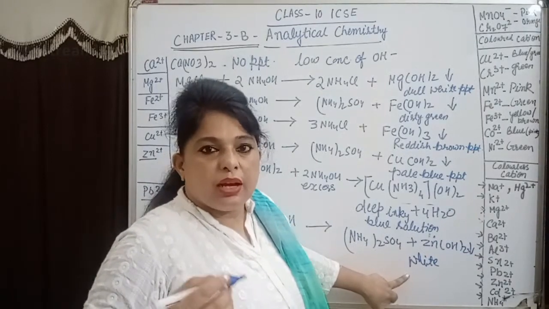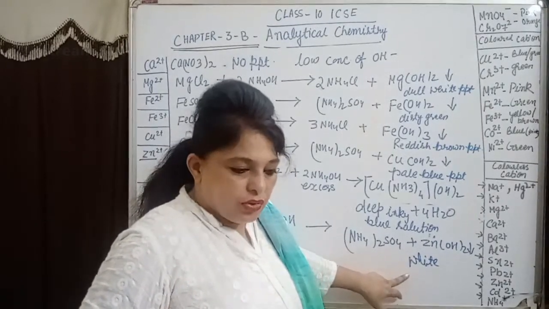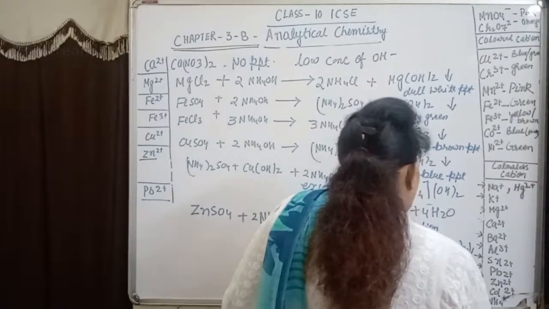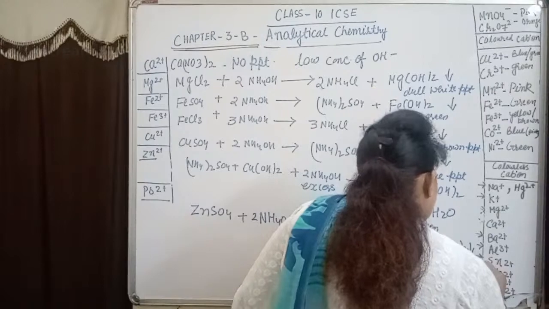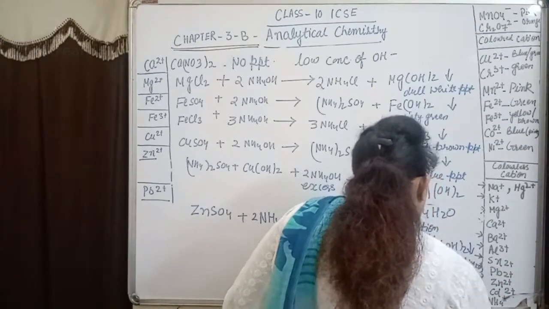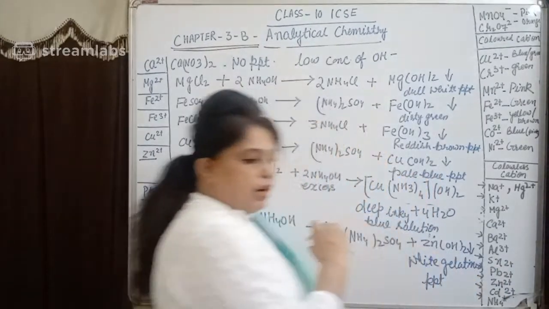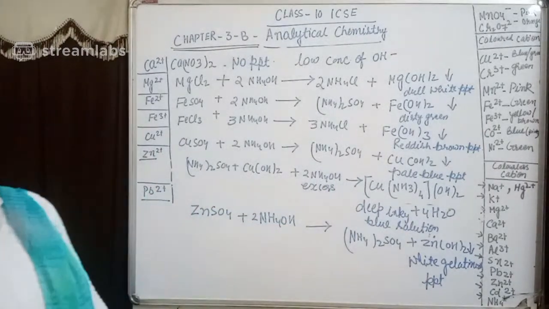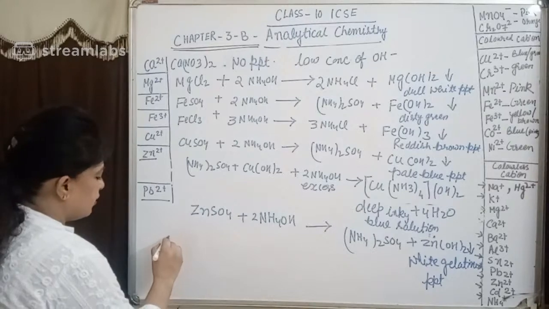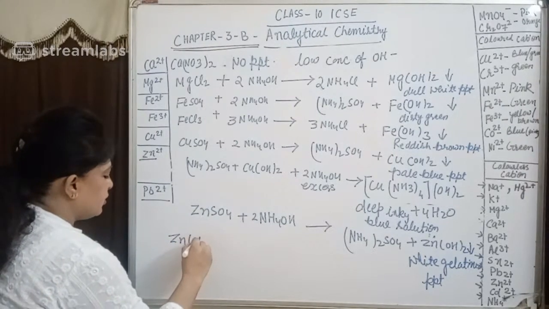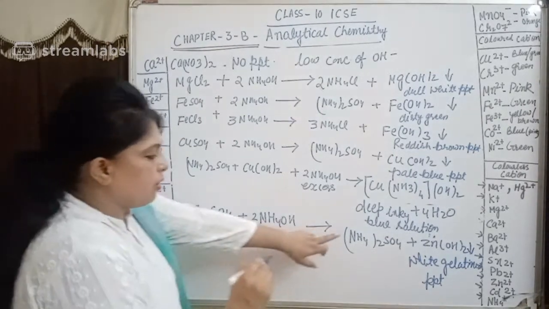Now what happens when we add excess of ammonium hydroxide to this white gelatinous precipitate? It is going to become a soluble one. So let's try. The white gelatinous precipitate will be formed. Now what happens when we add excess of this? I'm talking about the reaction mixture.